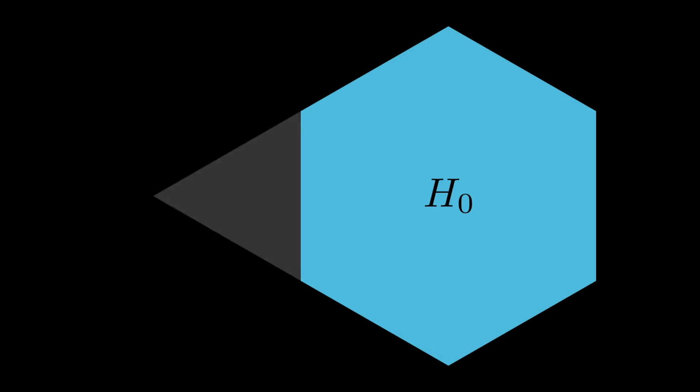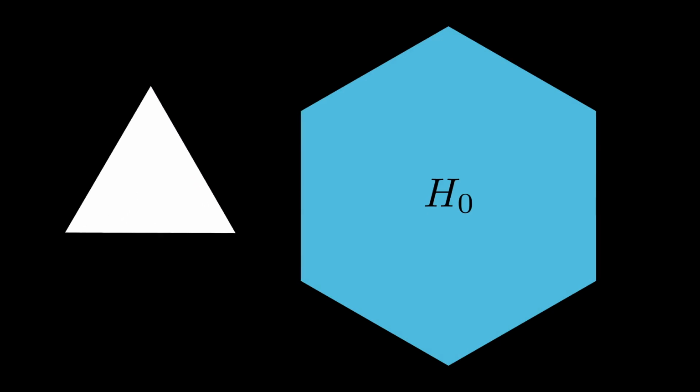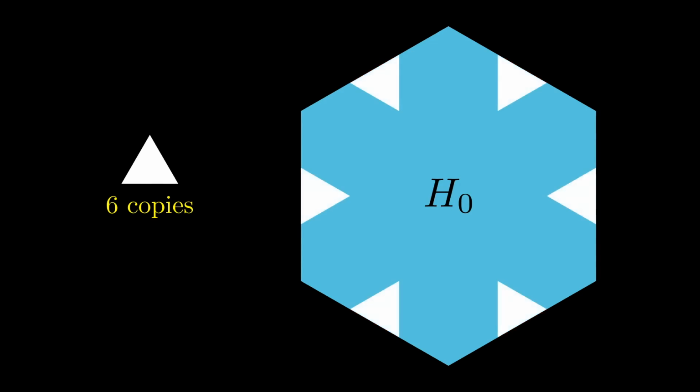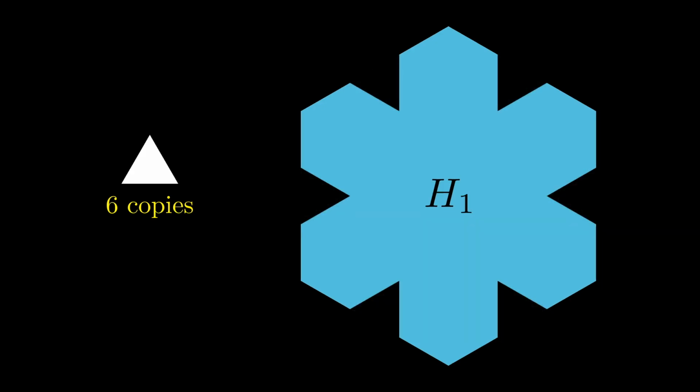We can also construct the snowflake by removing triangles from a regular hexagon. Label the hexagon H0. Construct an equilateral triangle with the same width as a side of the hexagon. Scale the triangle by 1/3 and place 6 copies on the sides of H0 so that they face into the interior of H0. Remove these triangular regions from the hexagon to produce the image H1.